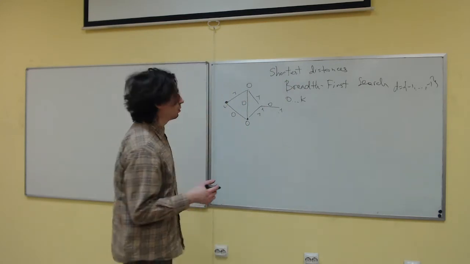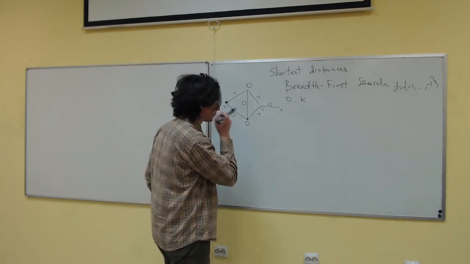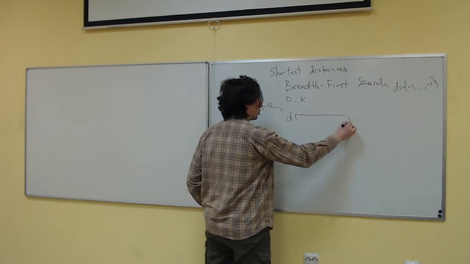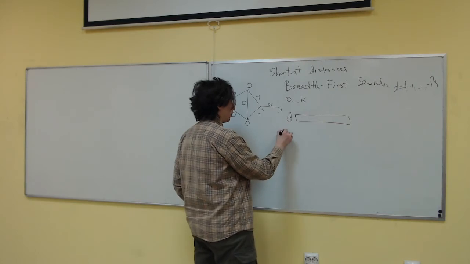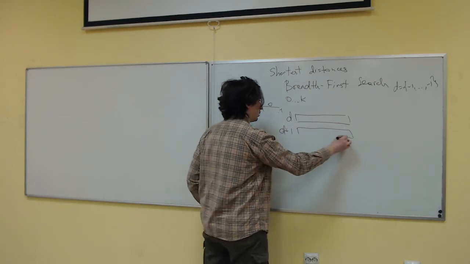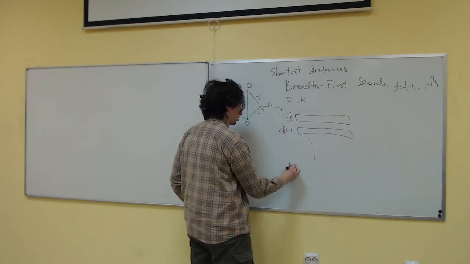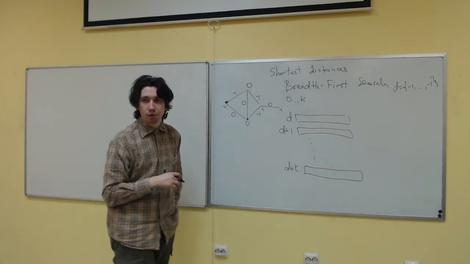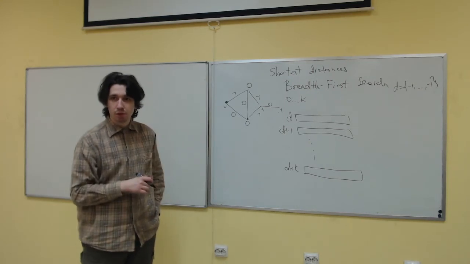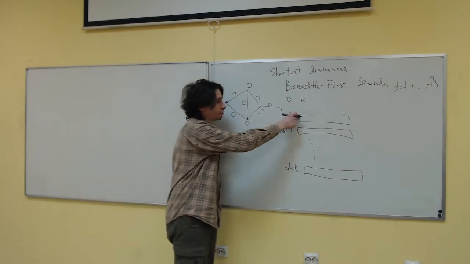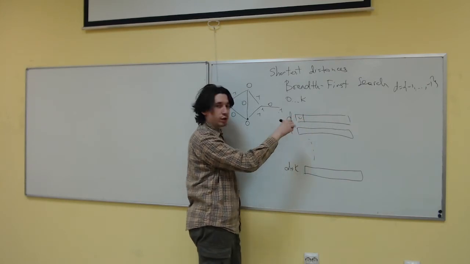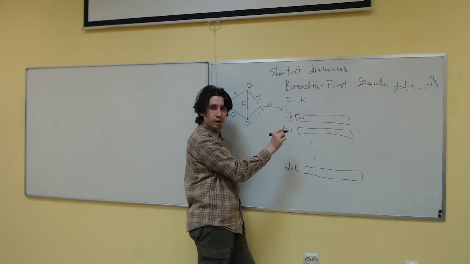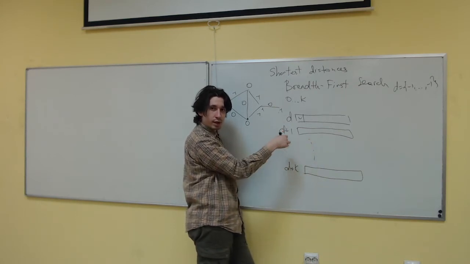Our structure will be like the vertices on the distance D, and the vertices on the distance D plus 1, and etc., and the vertices on the distance D plus k. And then you store these queues together. Then you take a vertex from D. You iterate over the neighbors and you put their neighbor in the corresponding queue with the right distance to them.